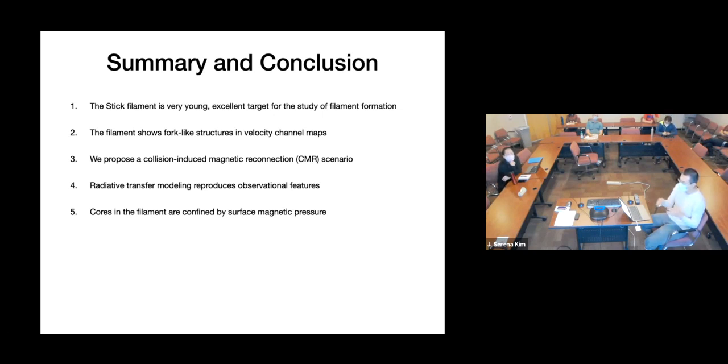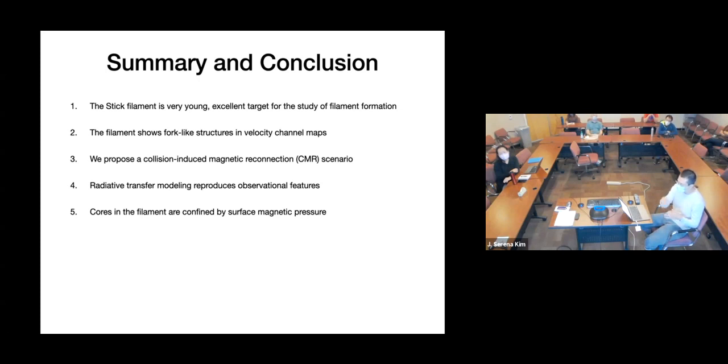And with a simple motivation, we basically try to explain the formation of this filament with a collision-induced magnetic reconnection scenario. And then we applied the synthetic observation for the model, and we were able to reproduce many of the observational features based on the previous data.